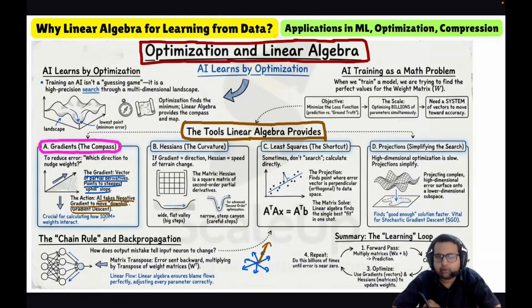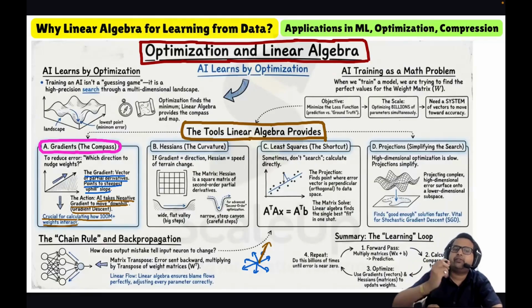Now, without vectors, without this gradient, we could not calculate how 100 million weights interact to affect a single result. Because of this mathematical tool, this gradient, which is a vector of partial derivatives pointing to the steepest uphill slope, we can very easily find the direction in which we should move.